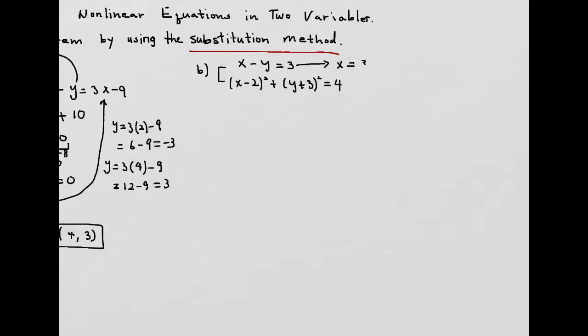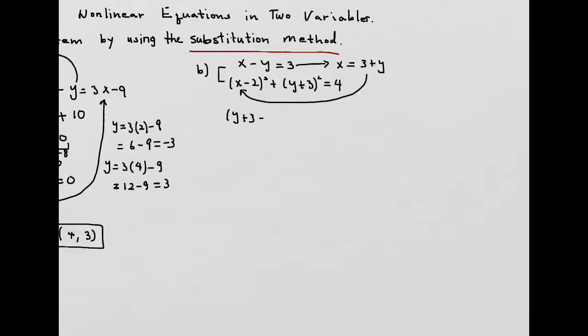Then I will have 3 plus y for x. And I will replace that for x in the other equation. So I will get y plus 3, 3 plus y plus 3, same thing.